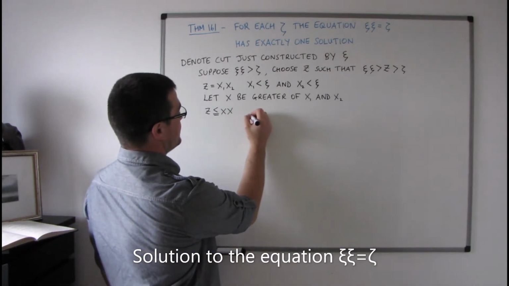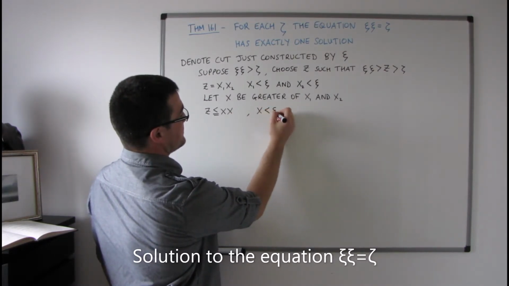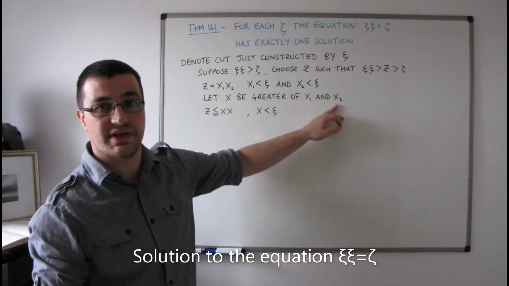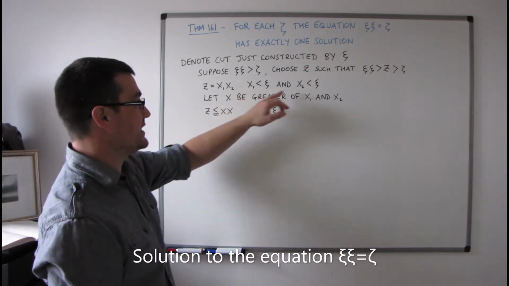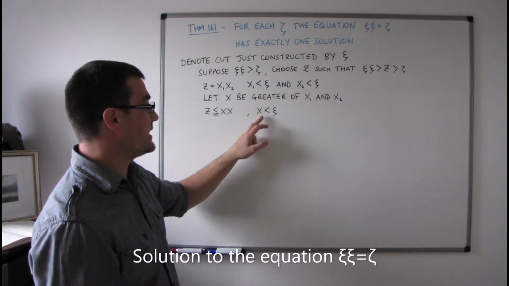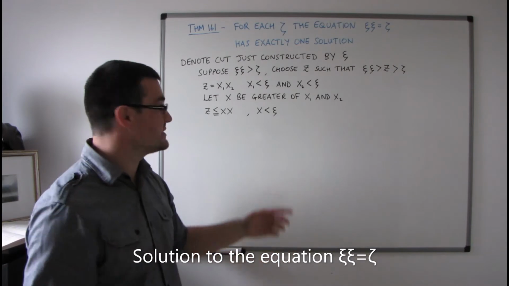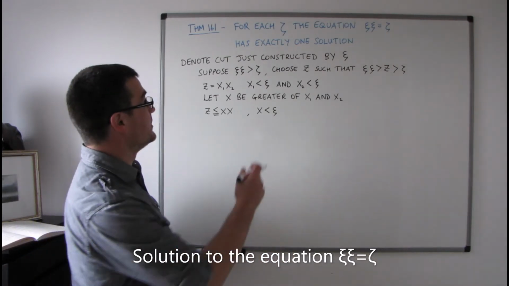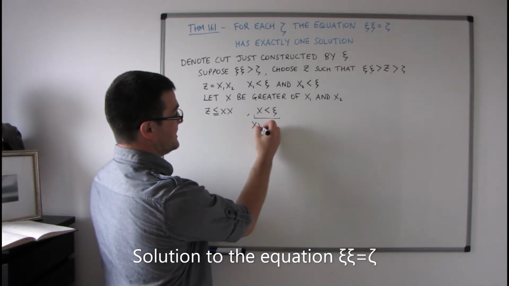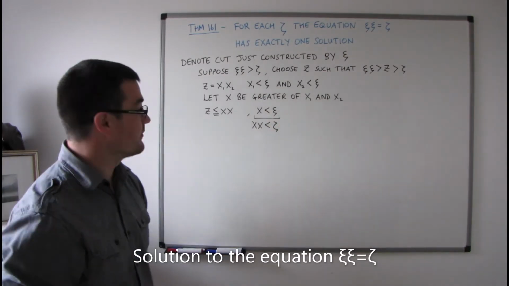And certainly x is going to be less than xi, because x is either equal to x1 or x2, whichever is the greater. But both x1 and x2 are less than xi, so x must be less than xi. And x is less than xi means that x is in our set that we constructed previously. So therefore, from this we can say that x times x has to be less than zeta.